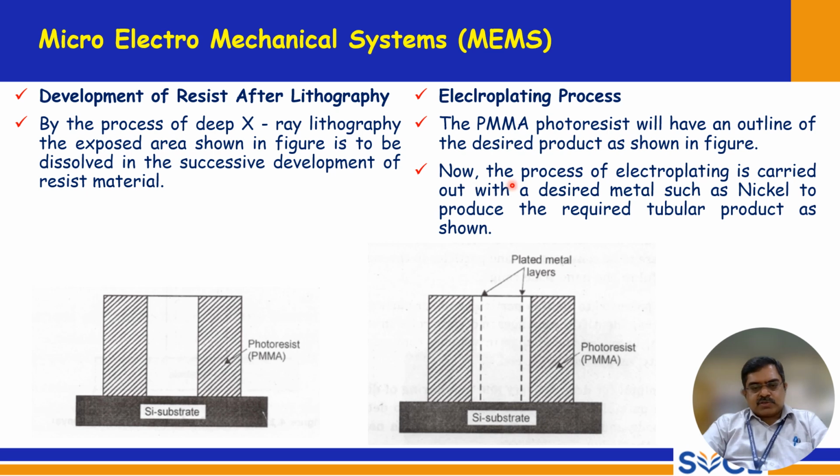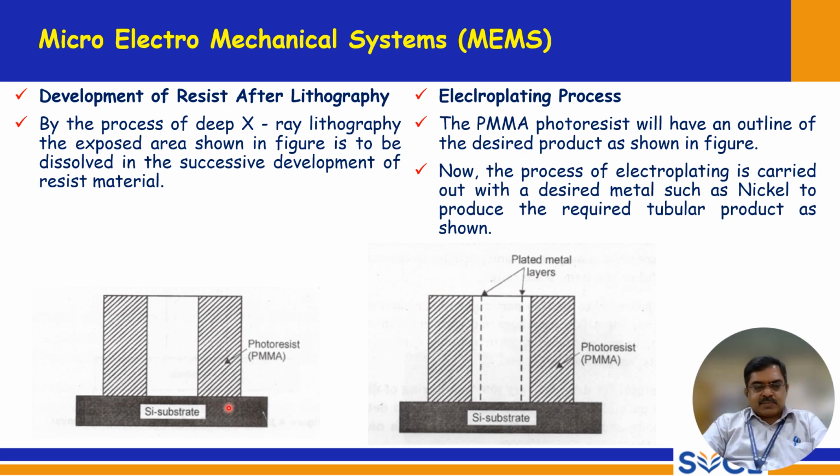Now the process of electroplating is carried out with a desired metal such as nickel to produce the required tubular product as shown. So this is the tubular product produced, and this is done with the plated material layers, metal layers. So this is how it is done.